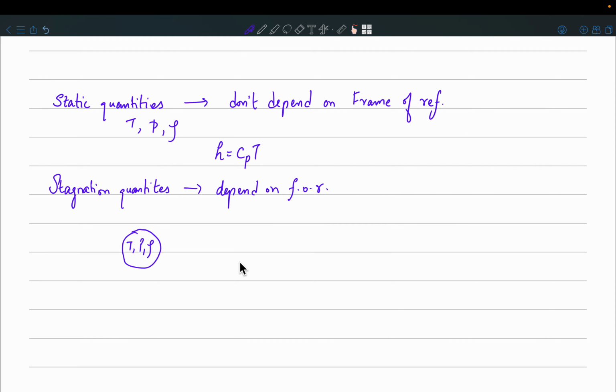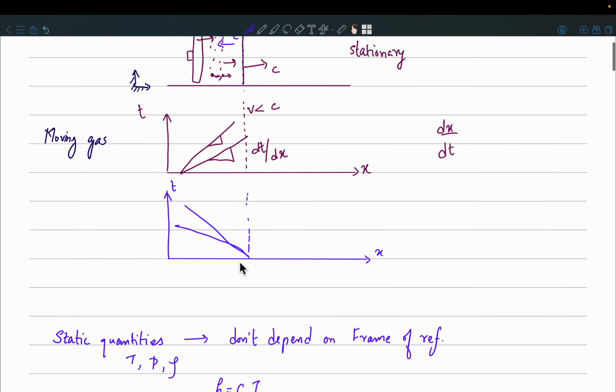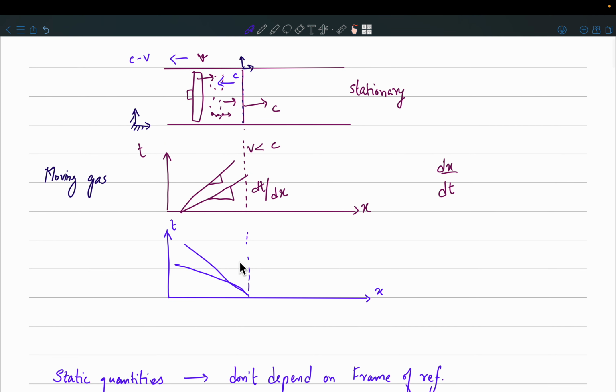So in stationary gas analysis, what I explained right now, this one itself. Now you imagine that there's this wavefront. You understood that a wavefront will be created, right?